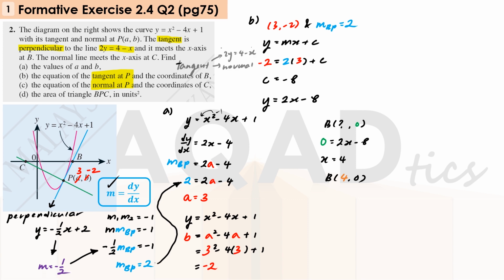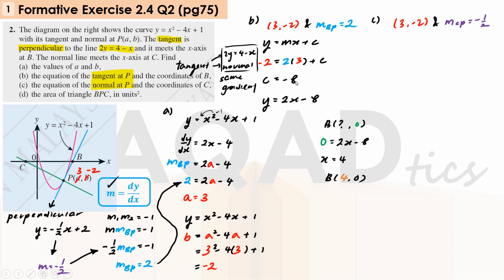These two lines are perpendicular to the same line, the tangent, so their gradients should be the same. Just now for this line we found the gradient is negative 1 over 2, so the normal gradient would be negative 1 over 2.